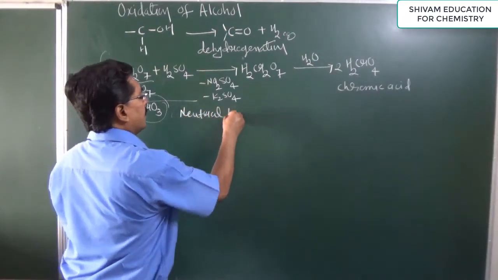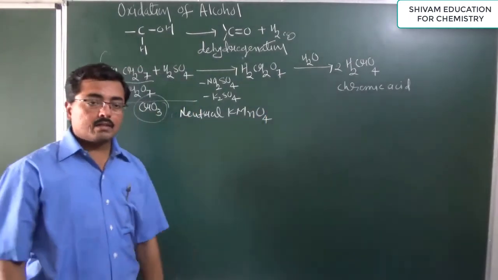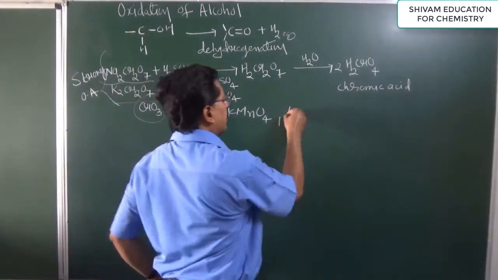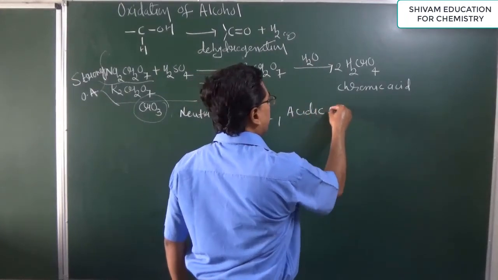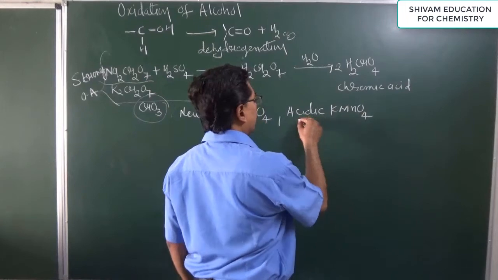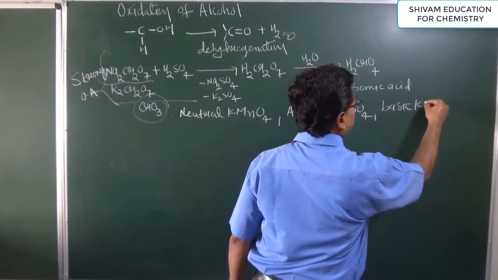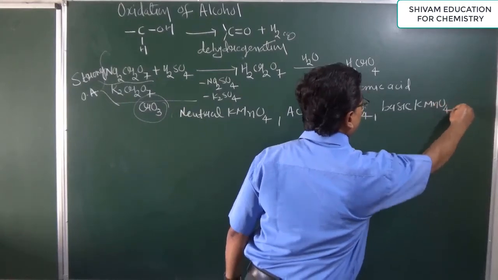Other than this, we can use acidic KMnO4 or basic KMnO4 as an oxidizing agent.